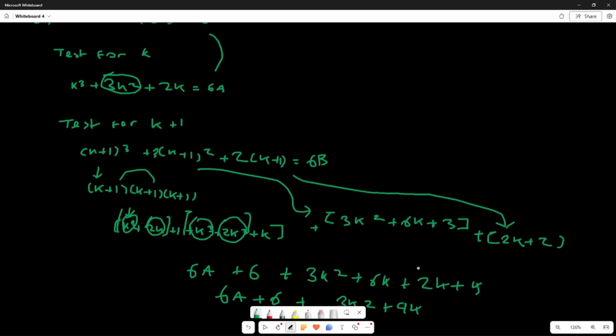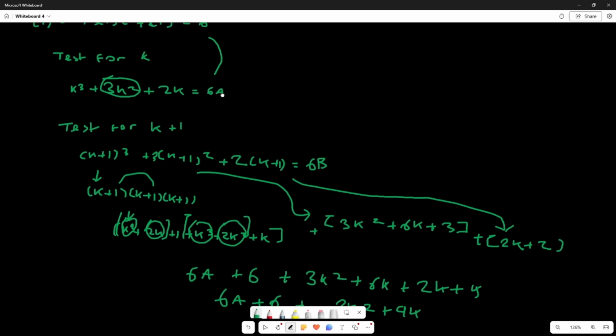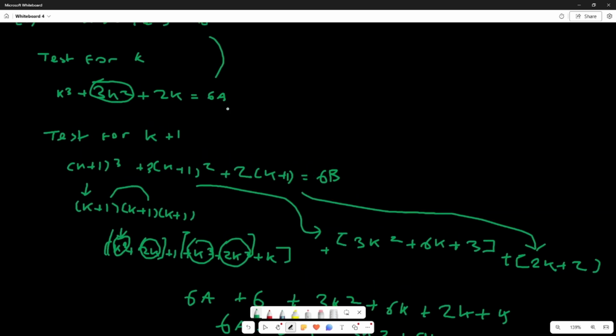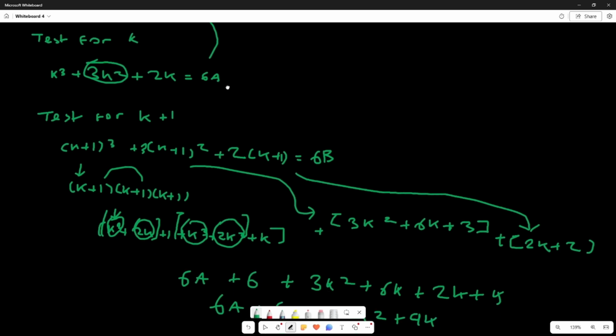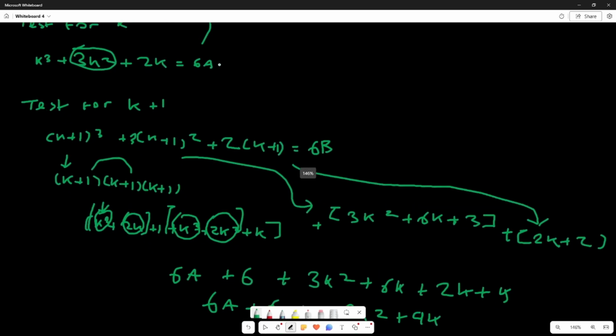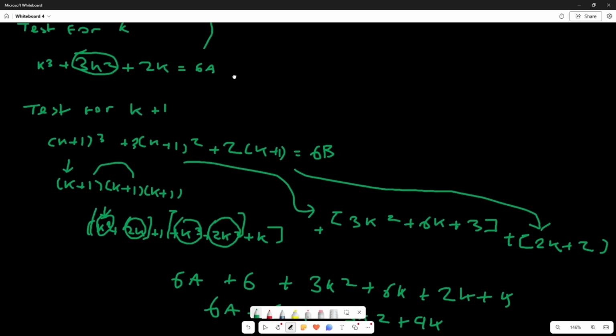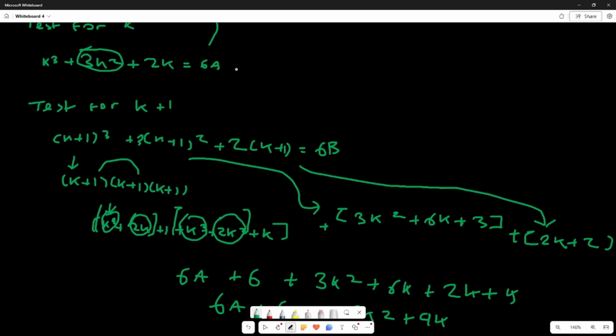And the reason we do k plus 1 is we can substitute, because we're trying to divide by 6. So if it's 6a, then we have to get as many numbers that are divisible by 6 as we can.